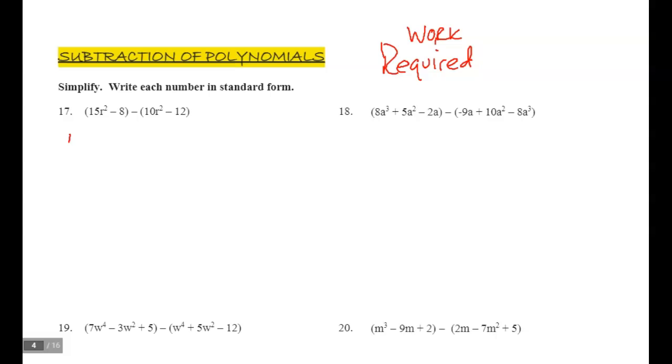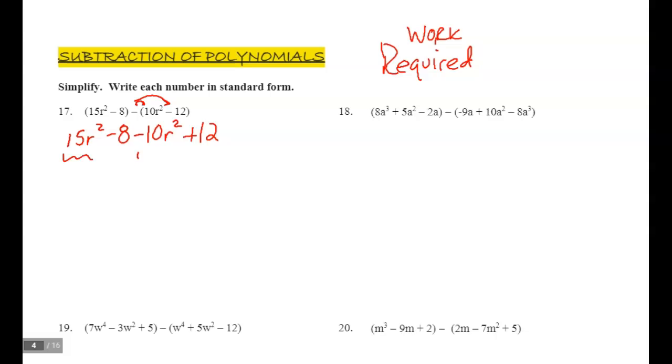So one way to do this would be just to write down my 15r squared minus 8. But then this negative kind of distributes in here because I'm subtracting a quantity. So then I have my 10r squared, and this though becomes subtracting a negative. That becomes +12. So I'm subtracting everything in this quantity. So now that's one way to show your work.